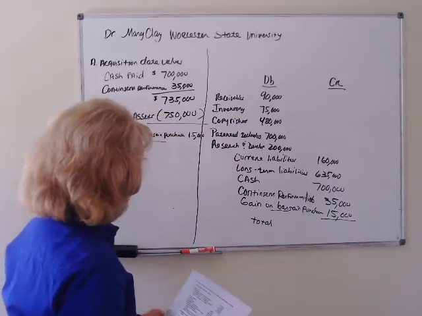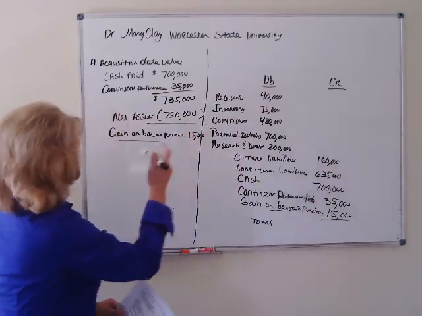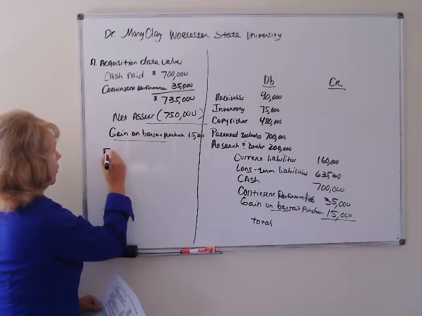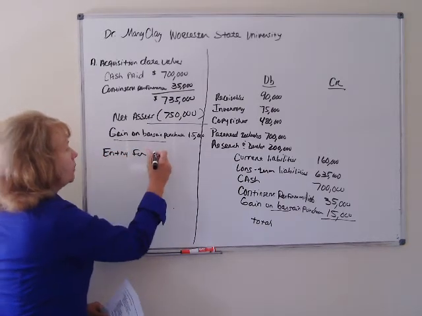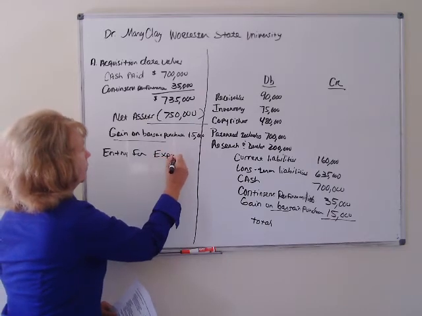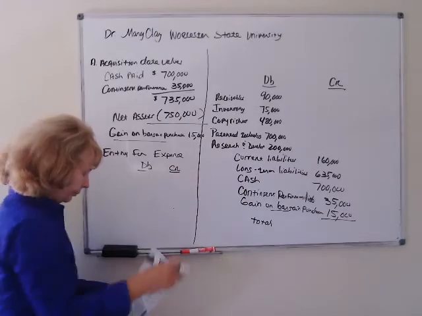All right, and then you would make a journal entry. So let me show you over here. Entry for the expense. We've got debit and we've got credit.